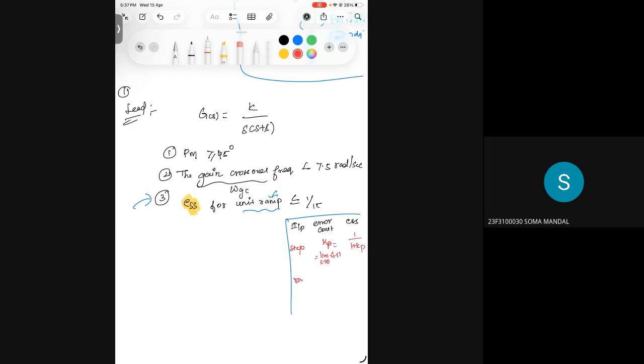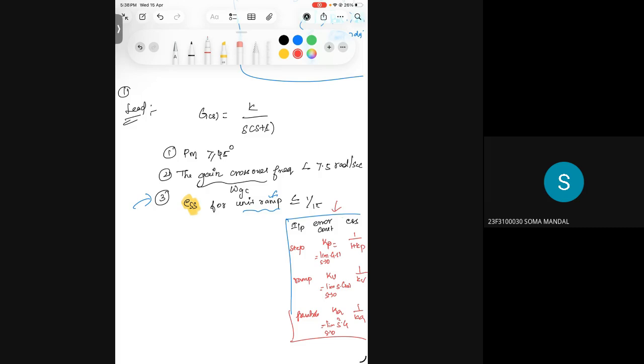If it is ramp, it will be called as Kv, where Kv is limit s tends to 0, s into G of s, and ESS is 1 by Kv. If it is parabola, it will be Ka, limit s tends to 0, s square into G of s, and ESS is 1 by Ka. So if it has been given straight away as Kv, just equate it to that formula, limit s tends to 0, s into G of s, equal to whatever value you have. Otherwise, do it in a reverse way.